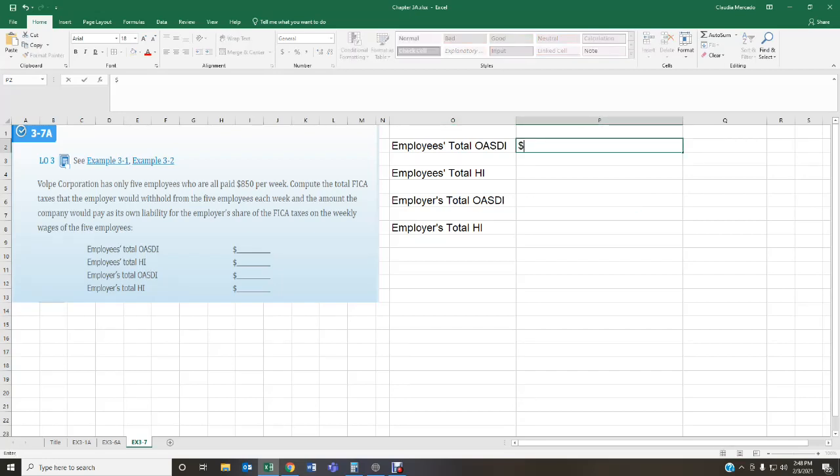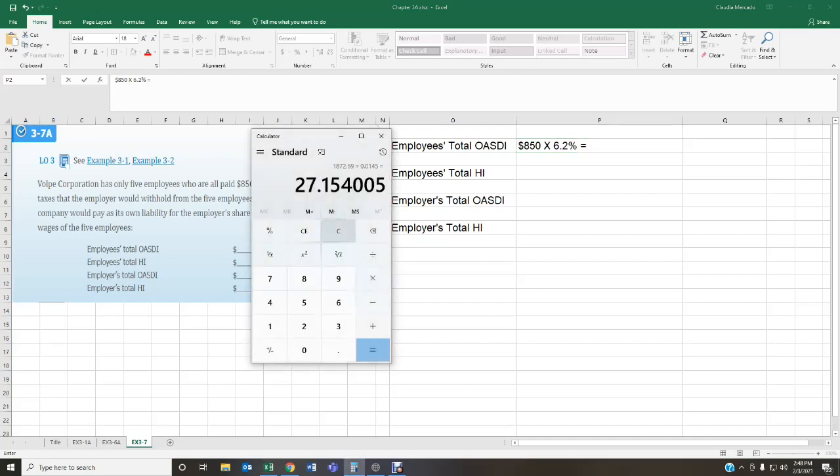Now when we're calculating the employee's tax information, first of all, we're going to get the weekly pay. The employees get paid $850 a week. We're going to calculate the tax for one employee. So that's $850 a week times 6.2%, which gives me $52.70.